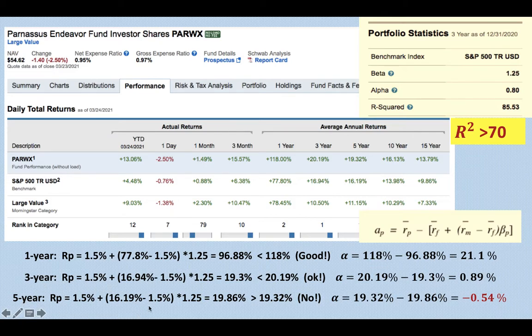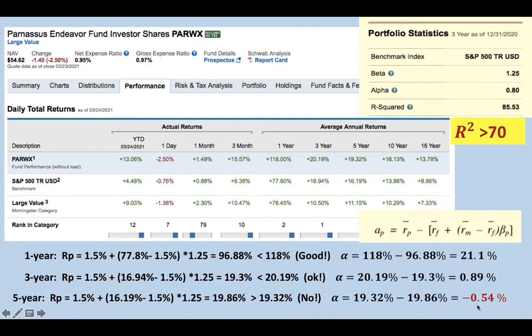How about the 5-year return? For 5-year, the required rate of return is 19.86, which is greater than the real return of 19.32. So for the 5-year return, the funds didn't perform well. I mean, it's about the same. Alpha is the selective alpha.